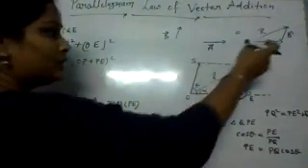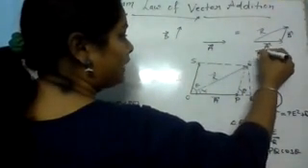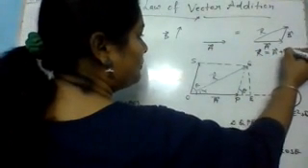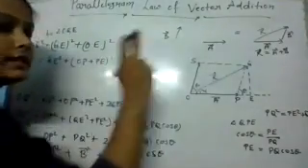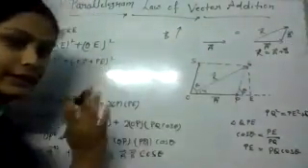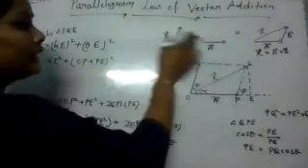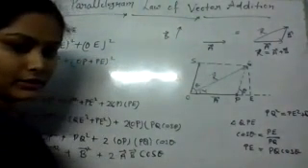It means R vector equals A vector plus B vector. This is the graphical representation of vector addition.